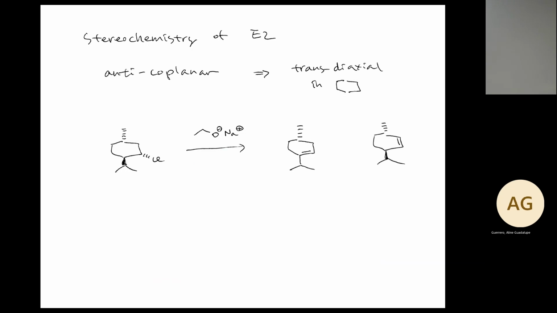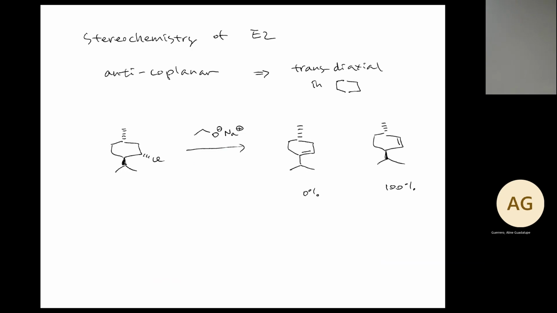It's not even formed. This one is the main product. On the other hand, there's a trans hydrogen on this carbon, and that's the one the base picks up, and the double bond forms here. So 100% only this one is made, all because of the anti-coplanar or trans-diaxial requirement. So this is something that you have to be careful about. I'm going to show you multiple examples later, so you're going to keep hearing it again.